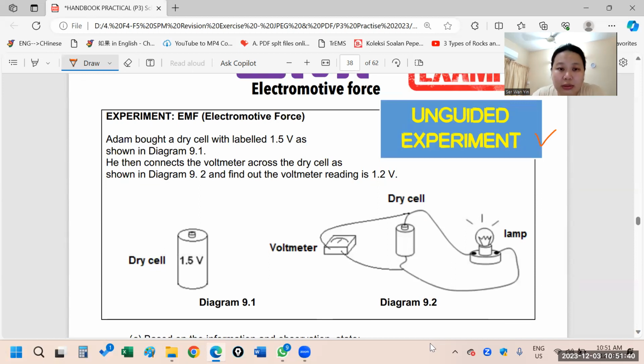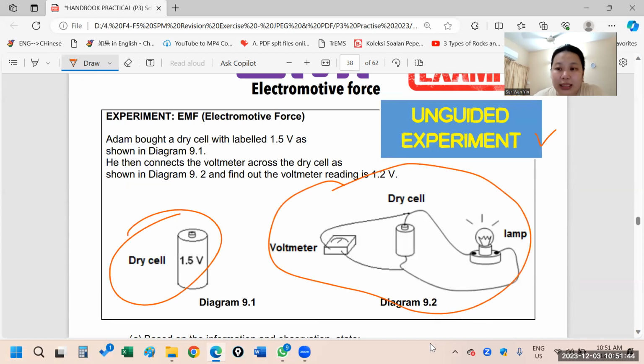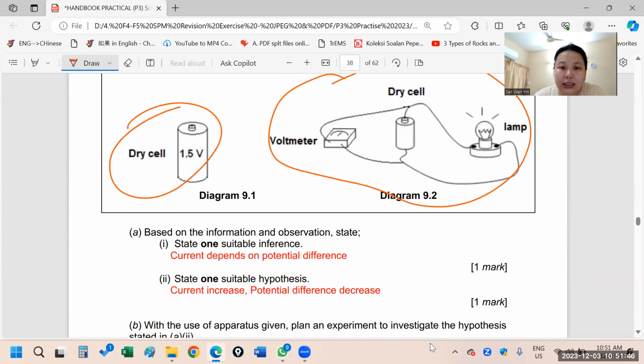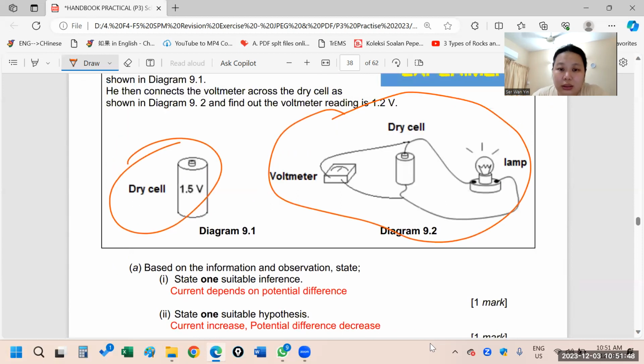They will tell you to turn on like this, then they ask you to draw what? A suitable inference. What is inference? This is the formula: RV depends on MV.